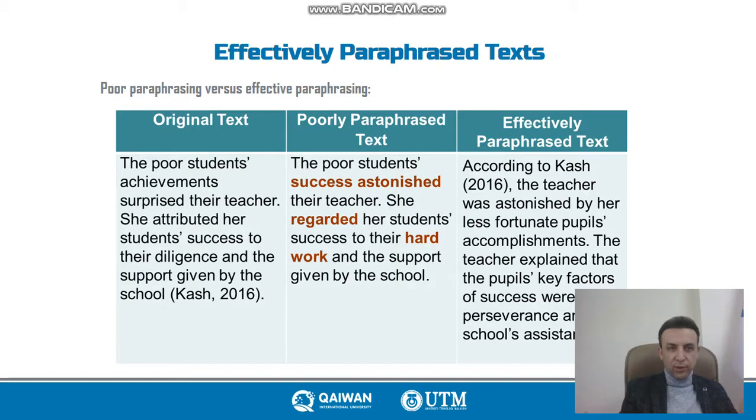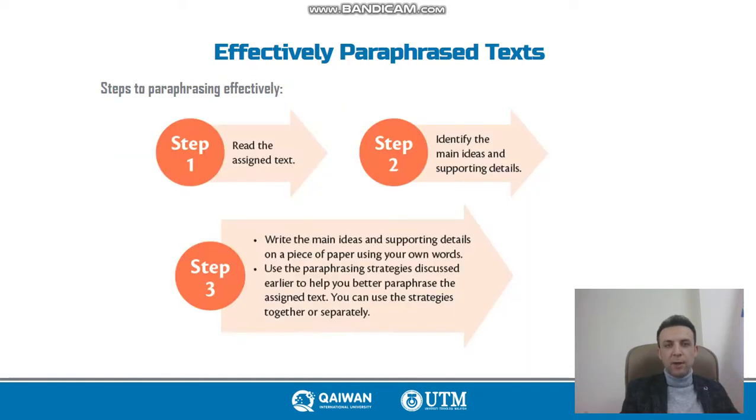We have original text, poorly paraphrased, and effectively paraphrased text. You see, in the poorly paraphrased text, we have changed only some of the words, while in effectively paraphrased text, we have made many different changes to the words, to probably the active or passive voice, to the order of the ideas, and to the structure of the sentence too. So this is what we mean by poorly and effectively paraphrased text.